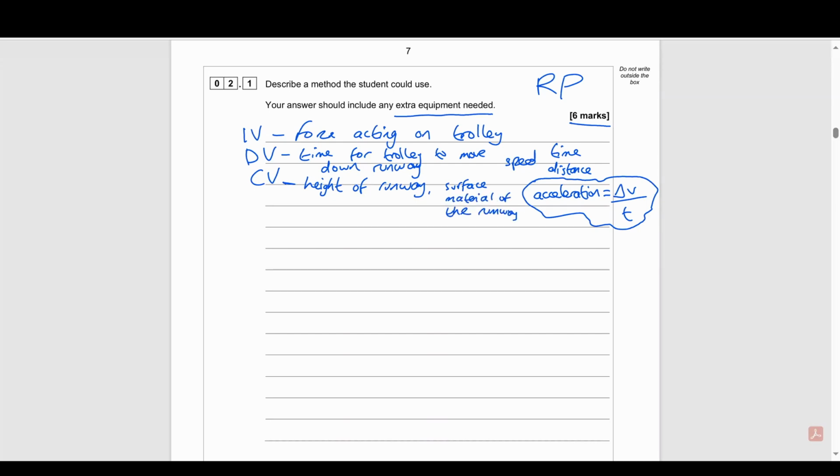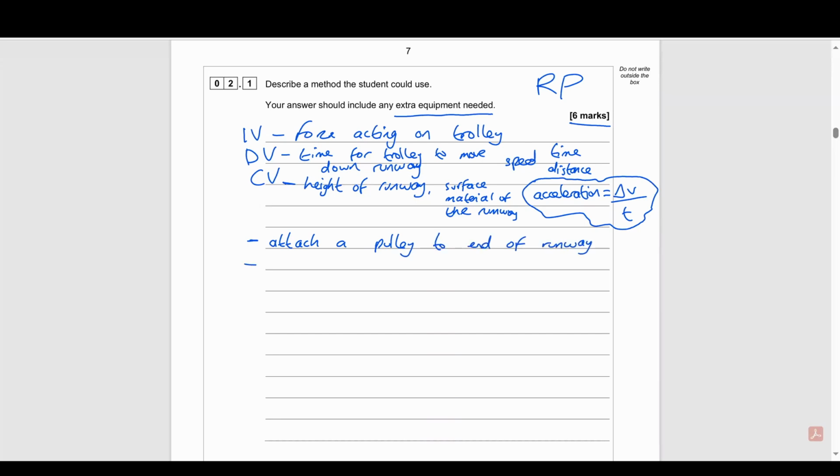Okay, so we're ready to describe our method now. And remember what we need to do first. We need to set up the trolley so it's ready to move. So what we want to do is attach a pulley to one end of the runway.